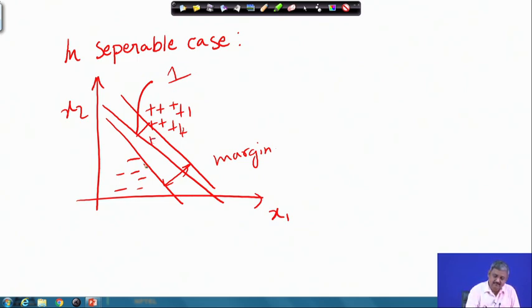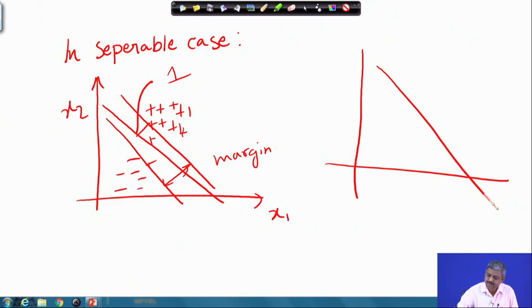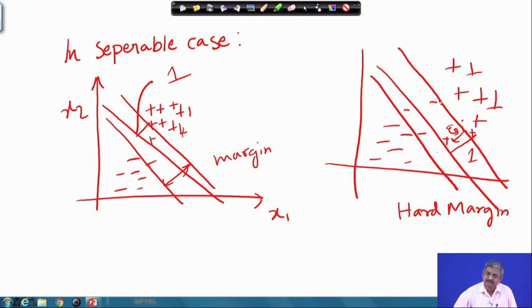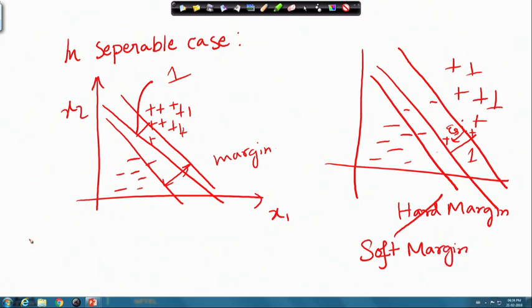Now, inside the margin we can have points. If I draw clearly, this was the hard margin. Closest point is at 1. Now, we have 1 minus xi i. So, there is a point inside also. Some points can be inside the margin. It is no longer a no man's land. So, this is called a soft margin.